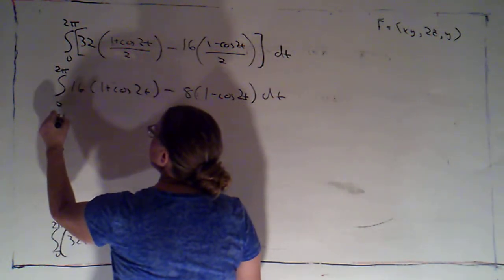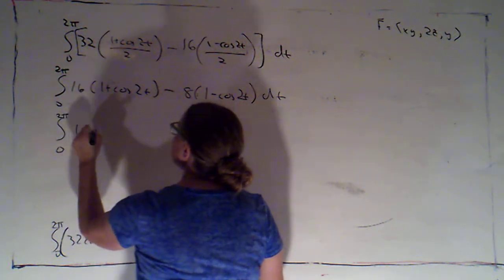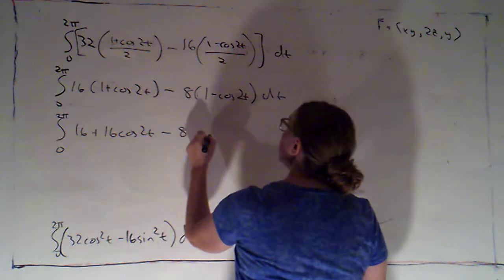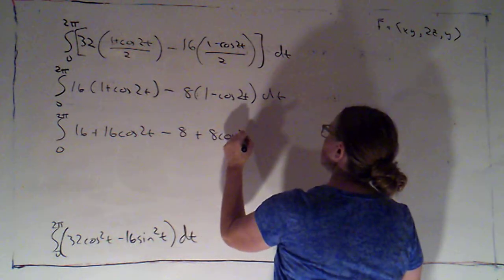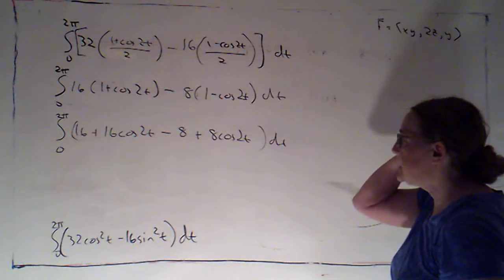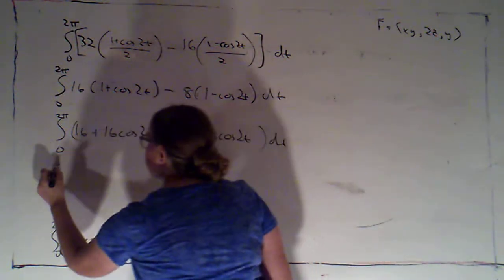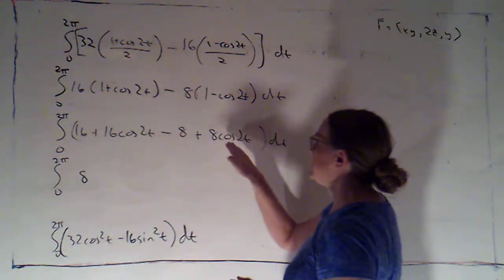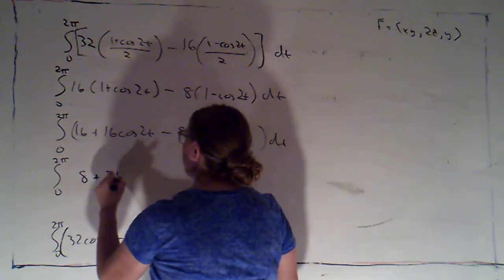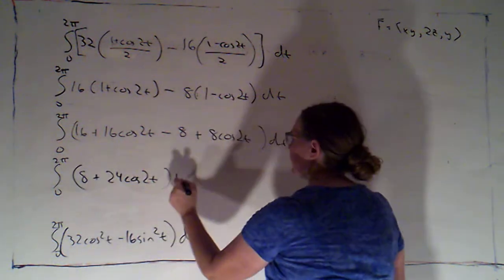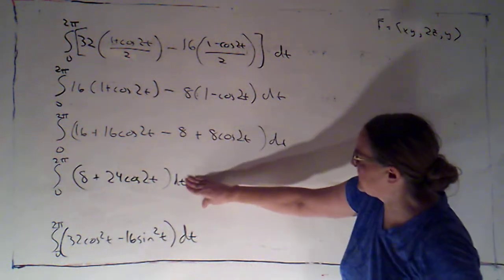So integral from 0 to 2 pi, 16 plus 16 cosine 2t minus 8 plus 8 cosine 2t, integrating all of that dt. 16 minus 8 is going to give me 8, and then I've got 16 plus 8, which would be 24 copies of cosine 2t. All right. That's a dt.